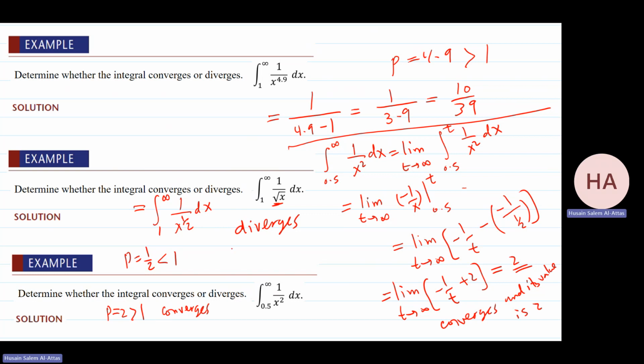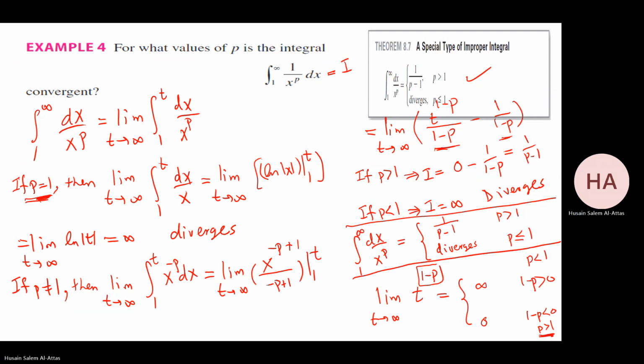If I use 1 over p minus 1, what will I get? 1 over half minus 1. That will be 1 over... I'm getting minus 2, which is wrong. So be careful. If it is 0.5, we need to be careful a little bit.